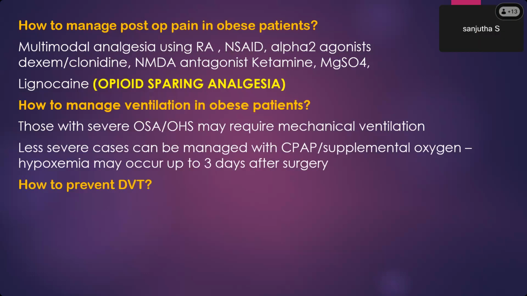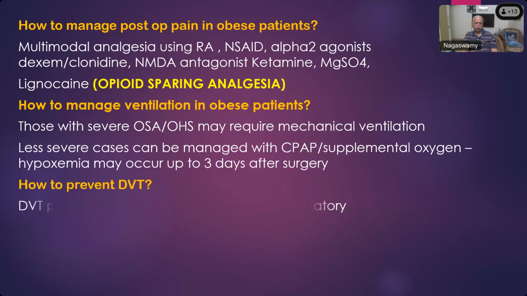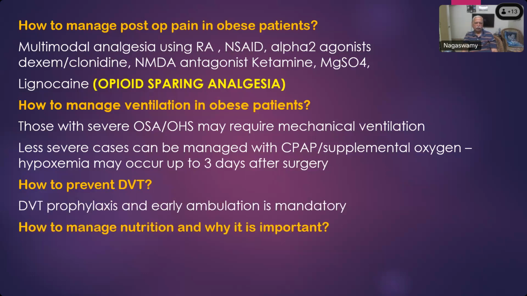You should use the TED stockings or the compression methods during the intraoperative procedure, and start either heparin or low molecular weight heparin adequately early, and then resume those doses 6 hours after surgery when the bleeding risk is less, and then early ambulation and mobilization. Okay, for DVT prophylaxis, early ambulation is mandatory.